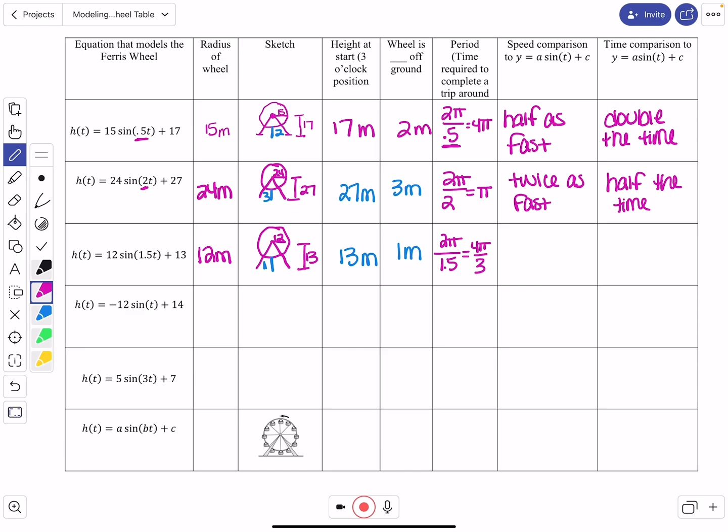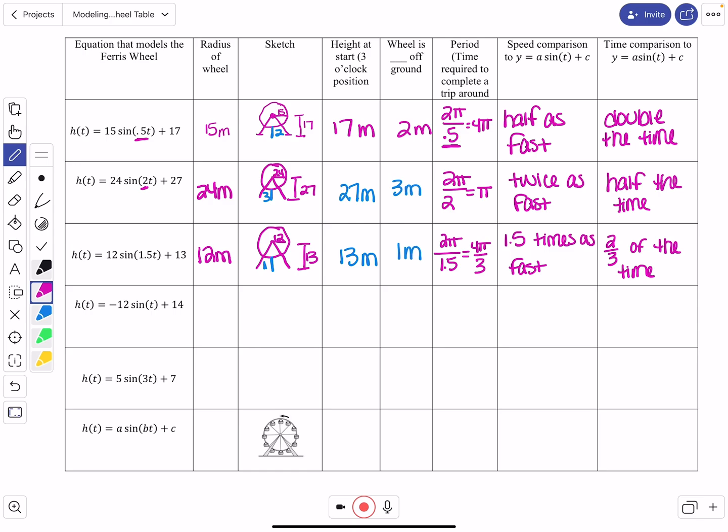Okay, so in terms of speed, we're going 1.5 times as fast, because we've gotten faster, and we're only taking 2/3 of the time. Okay, because it's going to take less time. When you go faster, you take less time.